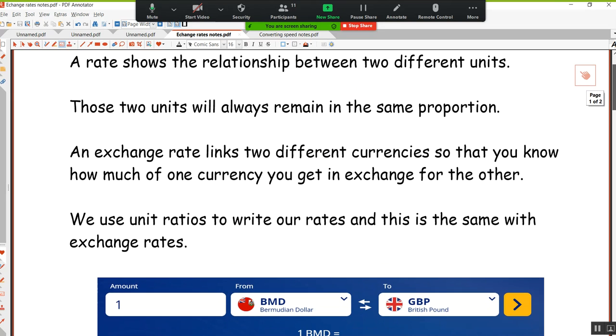Okay. So what we're moving on to is we're talking about an exchange rate. An exchange rate links two different currencies so that you know how much of one currency you get in exchange for another. Why might people want to do that, guys?